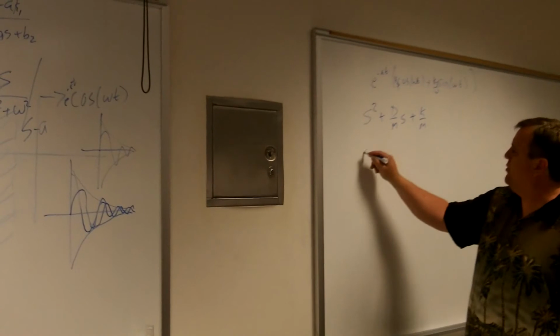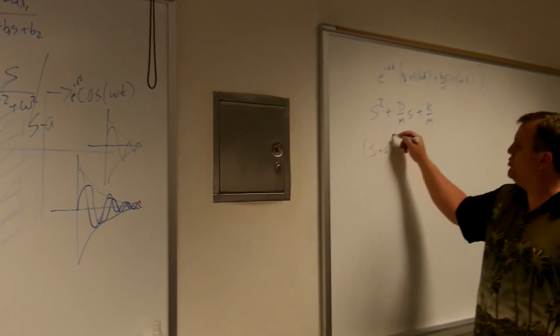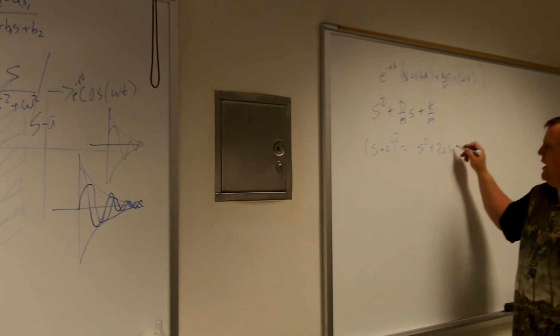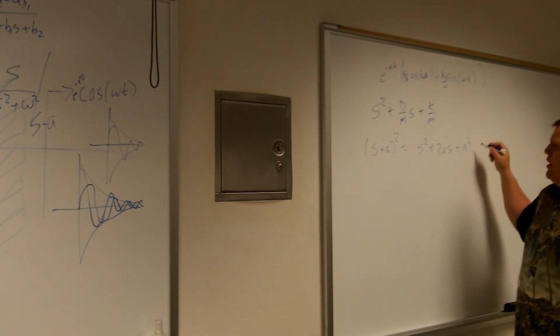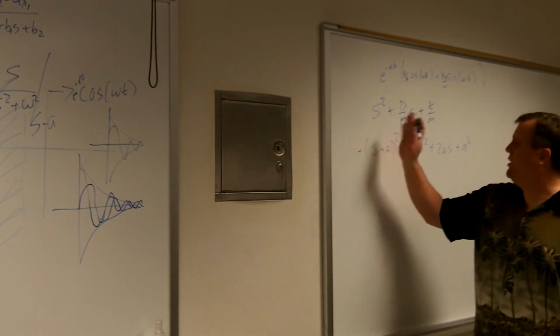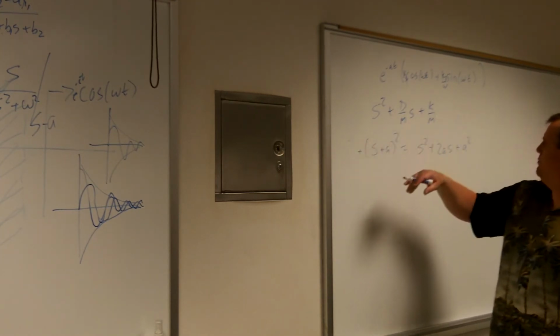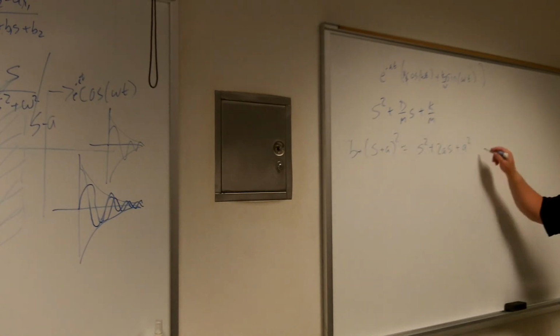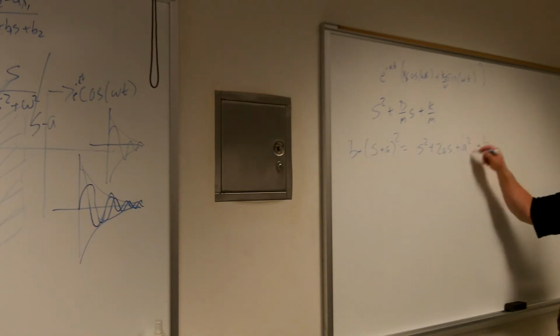If you took whatever s plus A quantity squared, that's just s squared plus 2As plus A squared. And then I have some other external thing out here, you know, pick a variable, I don't have B up in this particular spot, so then I have plus whatever the B is.